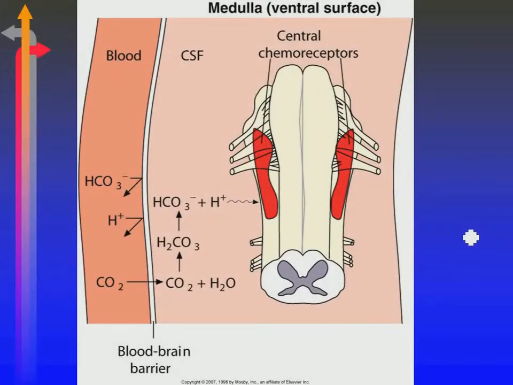What causes the medulla to stimulate the diaphragm and begin a breath is a buildup of hydrogen ions within that area, within the cerebral spinal fluid. So Pam's sitting there and she's at end exhalation.